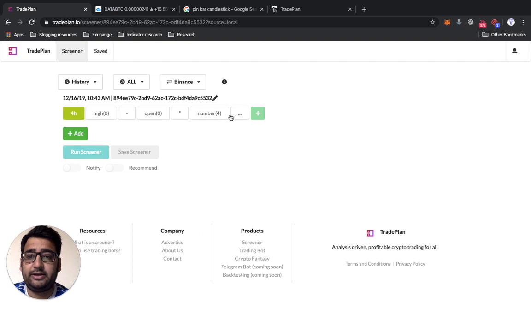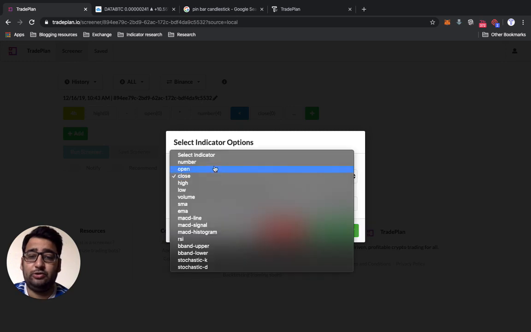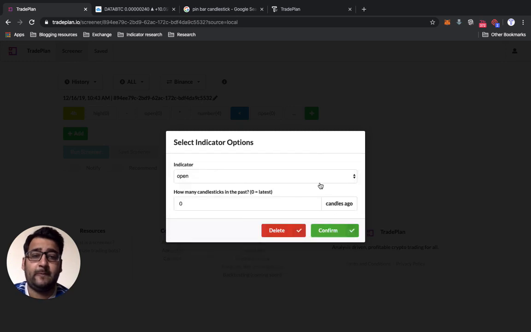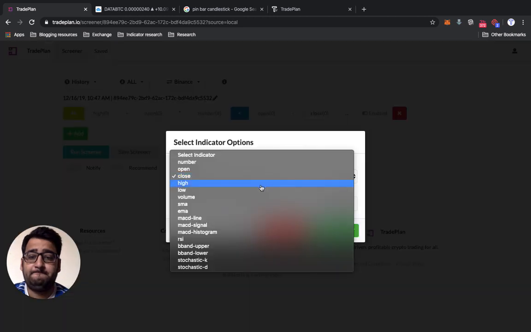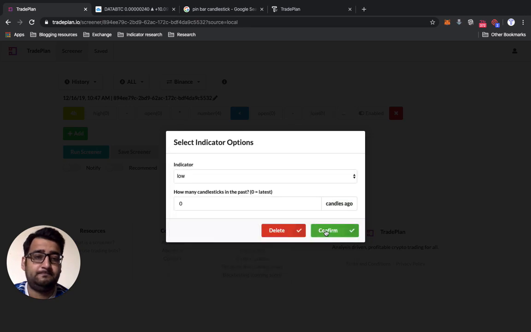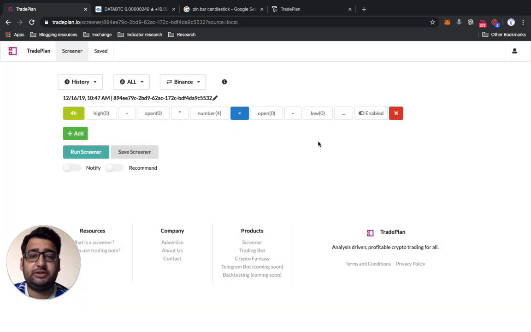So we go back here, is less than, okay, what's the other thing? The open of the latest candle minus the low. Okay, so this is the first condition.